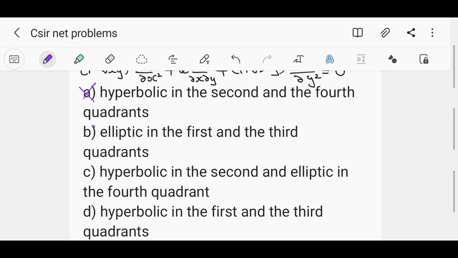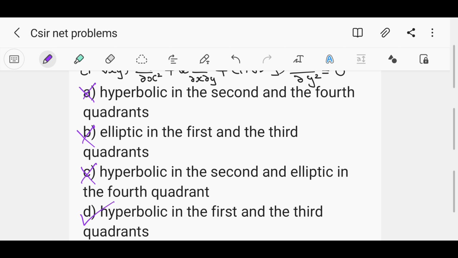No, that is wrong. Option C, hyperbolic in the second and elliptic in the fourth quadrant. No, that is also wrong. Option D, hyperbolic in the first and the third quadrants. Yes, so this is the correct option. Option D is the correct option.